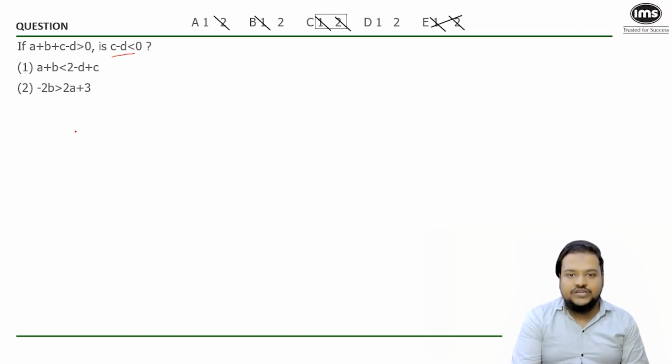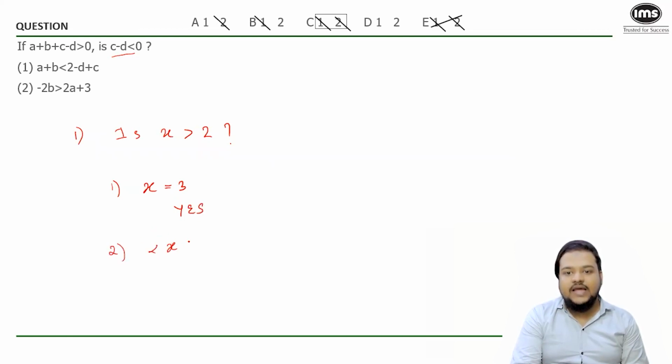The question is, let's say, is x greater than 2? Statement 1 says that x equals 3. Is statement 1 alone sufficient to answer my question? Yes. Is 3 greater than 2? The answer is yes. Statement 2: x lies between 1 and 3.